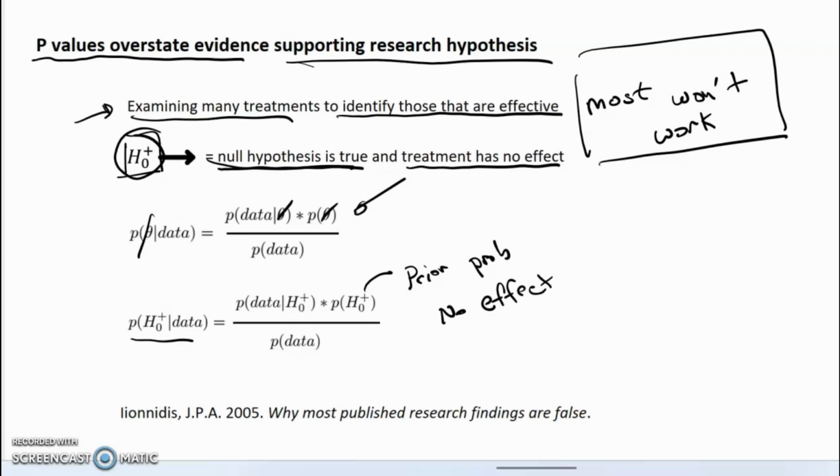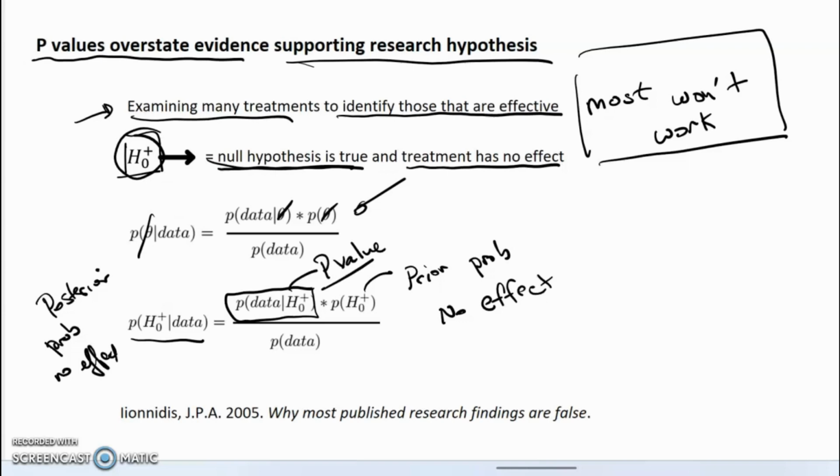And what we have here is the posterior probability of no effect. And what's this thing? This thing, of course, is our p-value.